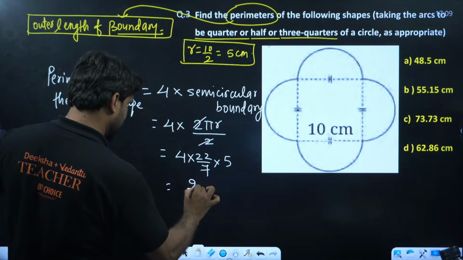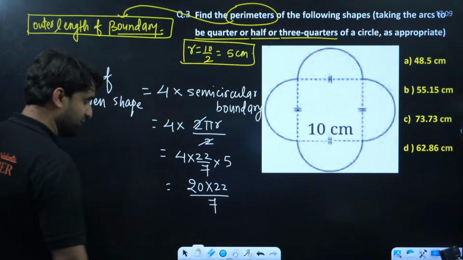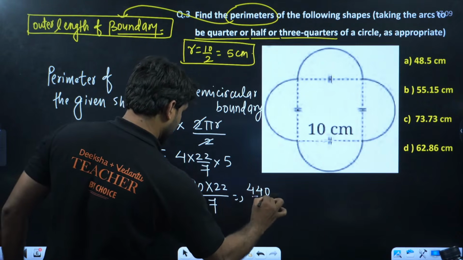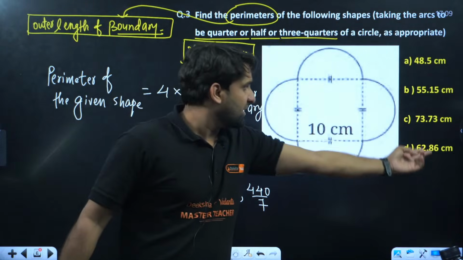5 4s are 20. 20 into 22 divided by 2. So 22 into 4 will be 440 divided by 7. But all the answers are given in decimal.